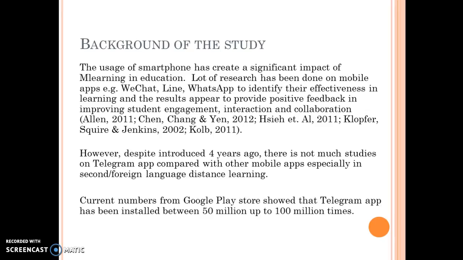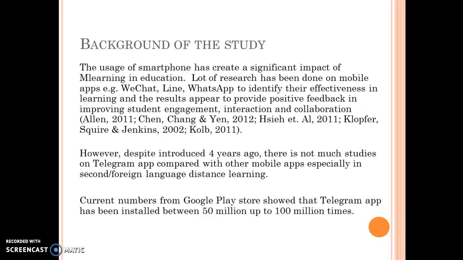We can't deny the fact that technology has been a part of our daily life, right? The use of a smartphone has created a significant impact on not just our daily life but also on our education.